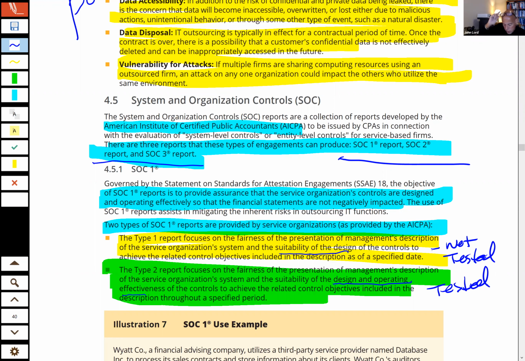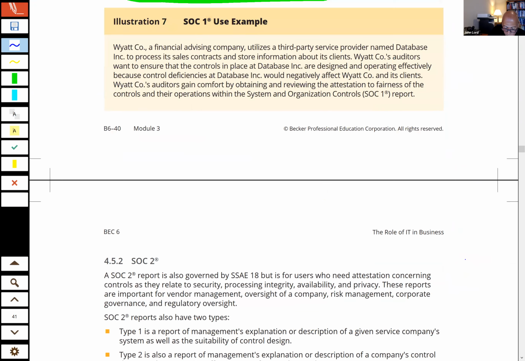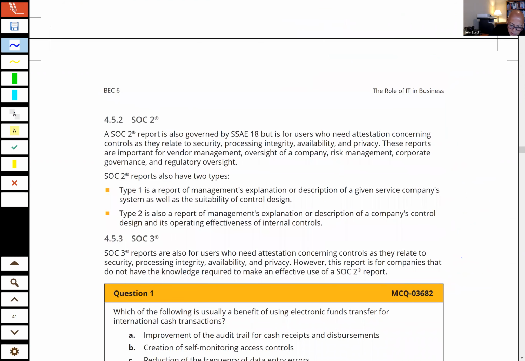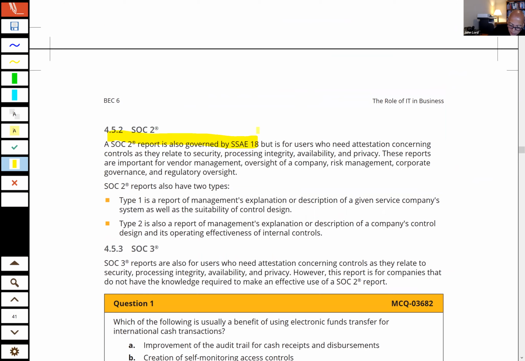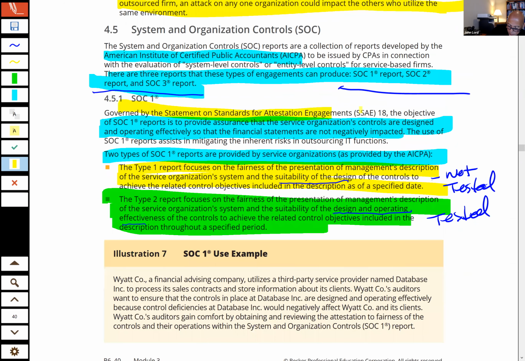Now, when you get into the SOC2 and the SOC3, the SOC2 report is governed by the AICPA Statement on Standards for Attestation Engagements, number 18. SOC1, SOC2, and SOC3 all fall under that same standard.